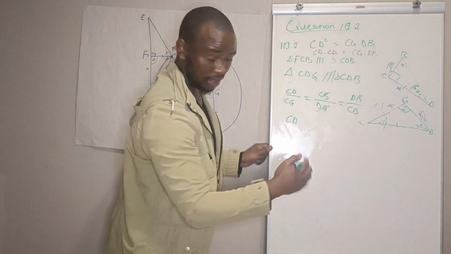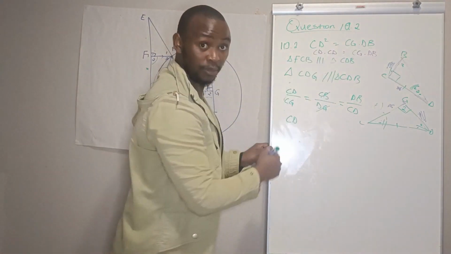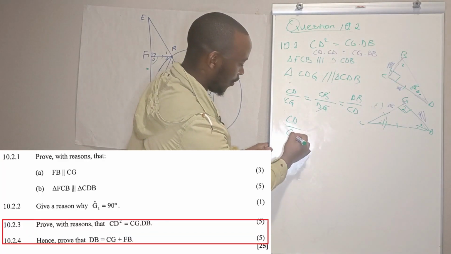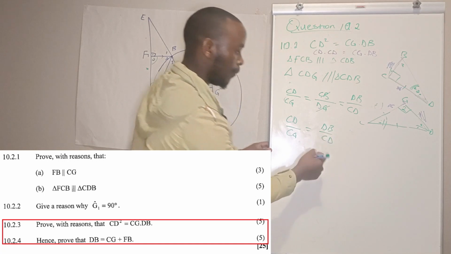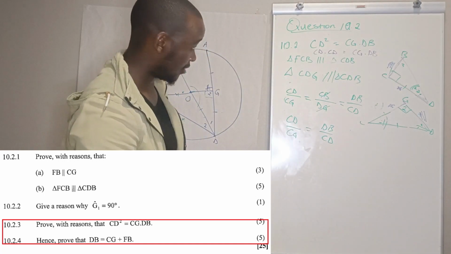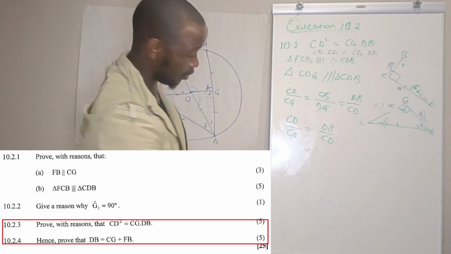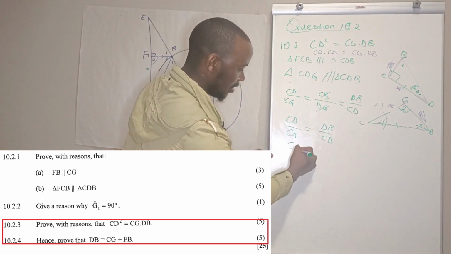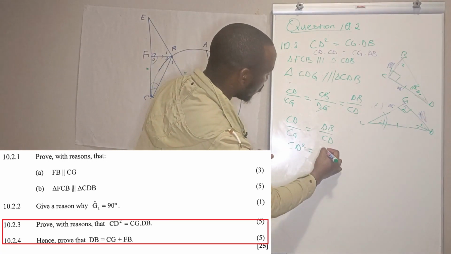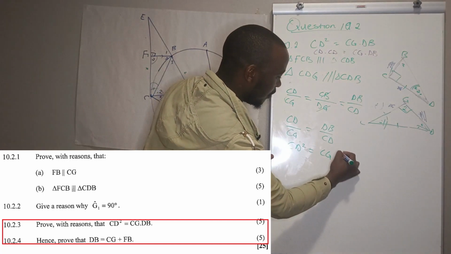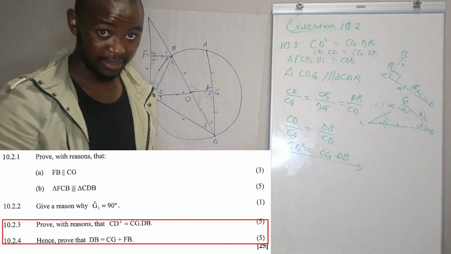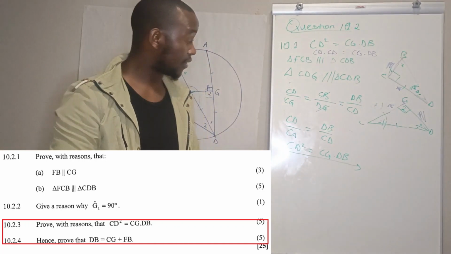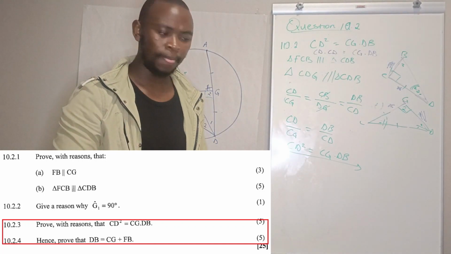We're not saying it's wrong, we just eliminate it because we want to form that equation. CD over CG should equal DB over CD. If you cross multiply, because we're supposed to form CD squared, CD squared should be equal to CG multiplied by DB. You have proven that indeed that equation is true.